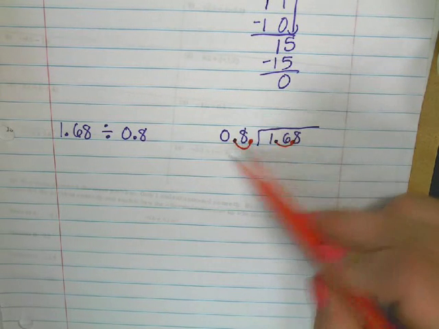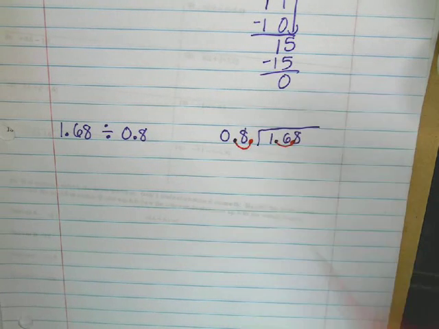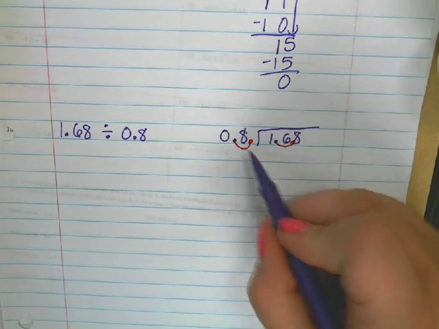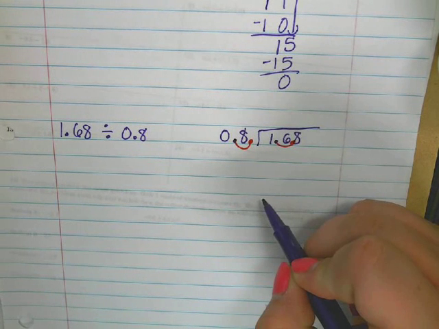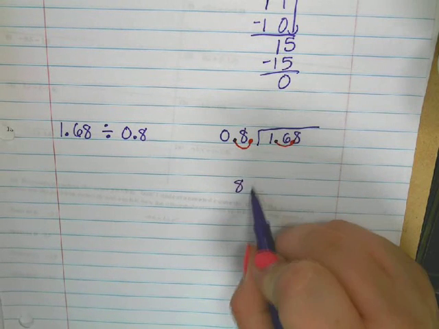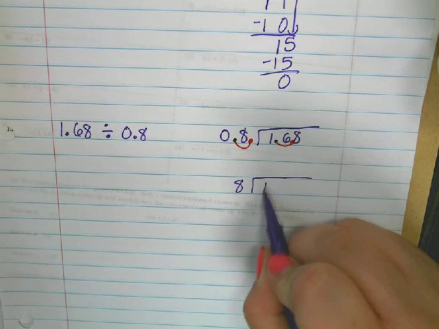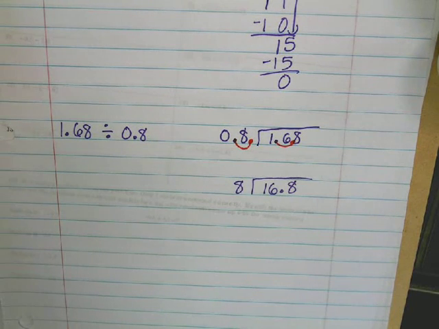Do you agree that 8 point is the same thing as 8? So I'm going to rewrite it as 8, and we're dividing it into 16.8. A little bit easier to read. That's when we were talking about step 2 of rewriting it. Take your decimal straight up. 8 goes into 1?